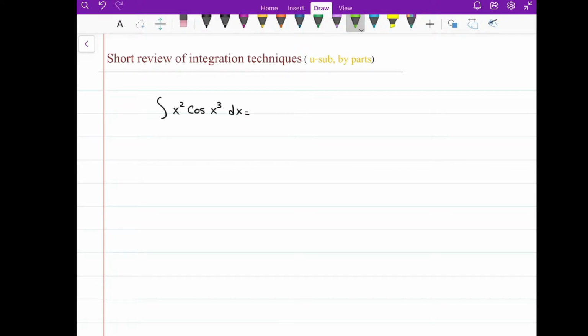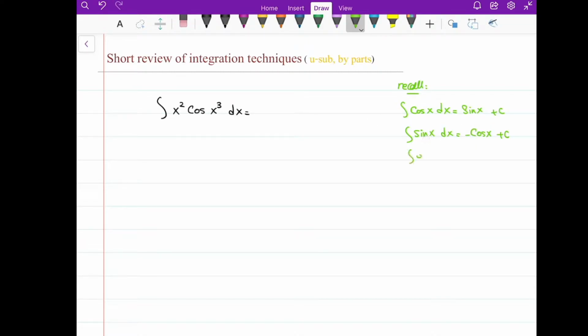Let me give you a small recall of some useful integrals. The integral of cosine x dx, the antiderivative of cosine, is sine x plus the constant c. The integral of sine x dx is negative cosine x plus c, because if I differentiate negative cosine, I get sine x.